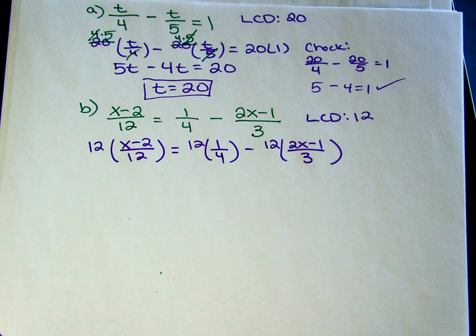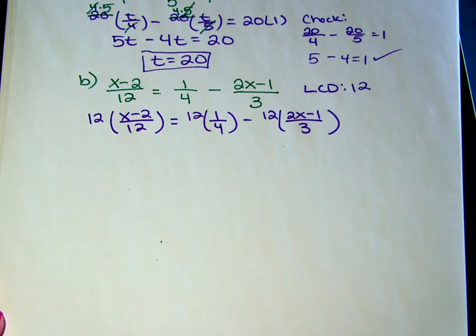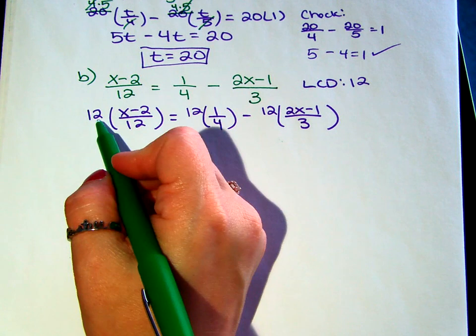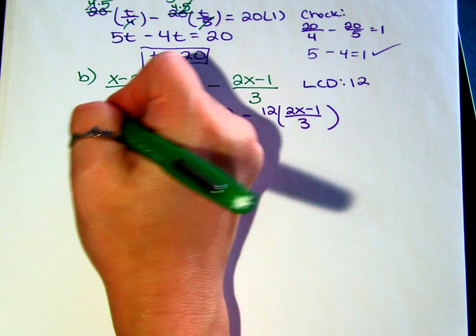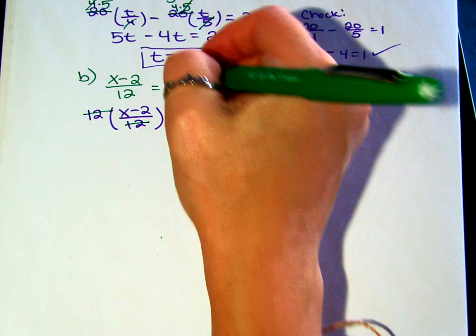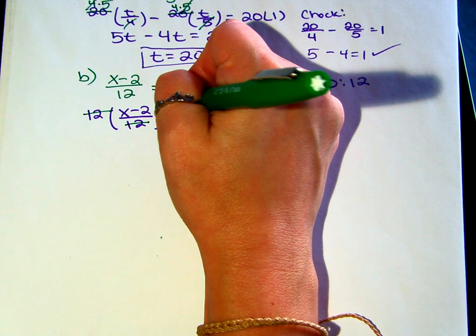And then I will choose to do my simplifying on the front end before I do the multiplying. For that first fraction on the left-hand side of our equal sign, I would have a 12 on top and a 12 on bottom, so they're going to end up going away. The next one would be 12 times 1/4.